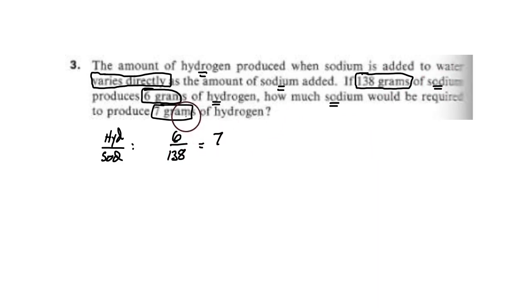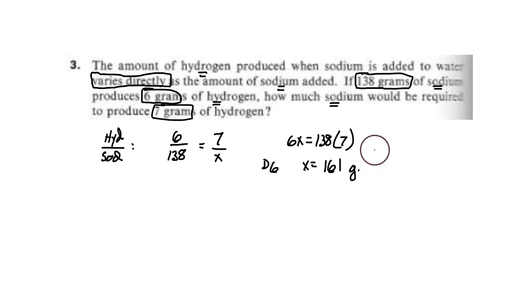The 7 grams goes with hydrogen, and then X grams of sodium. Solve this with cross multiplication. 6 times X is equal to 138 times 7. And then divide by 6 to get X alone. The answer is 161. The letter X was representing an unknown amount of sodium, so our unit is grams.